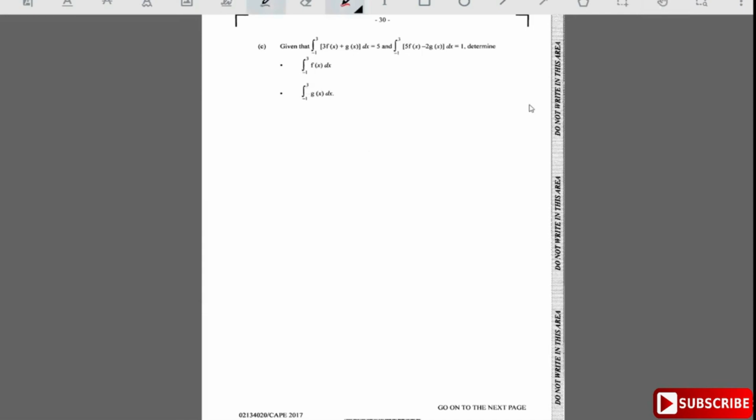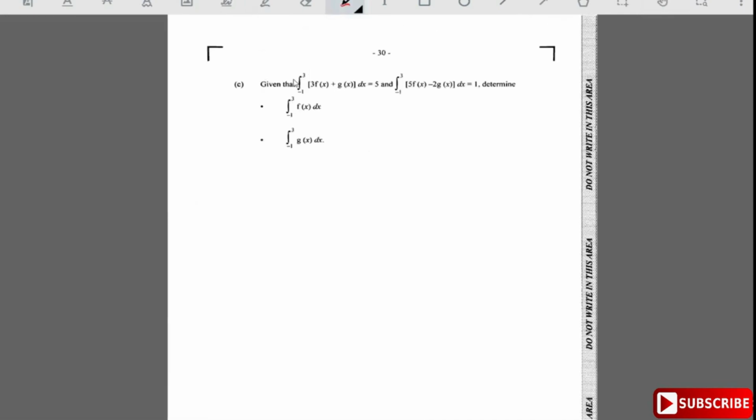Now, looking at the first part of the question, I'm going to break it up. We can always break this up as 3 times the integral from -1 to 3 of f of x, plus the integral from -1 to 3 of g of x.